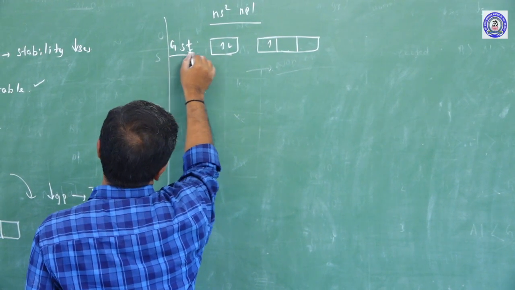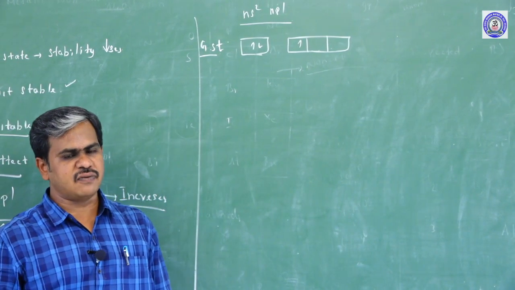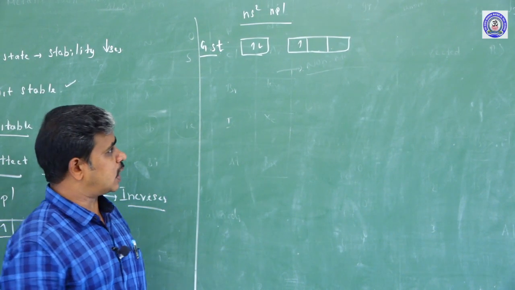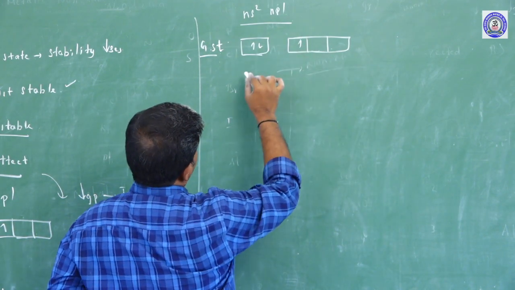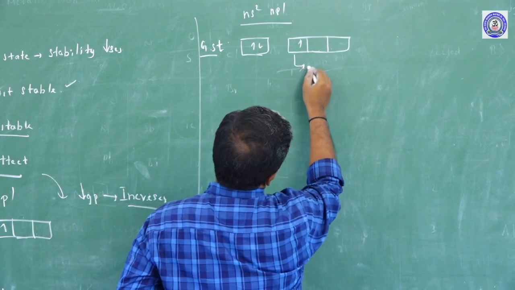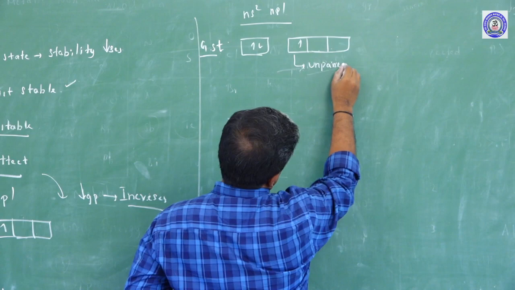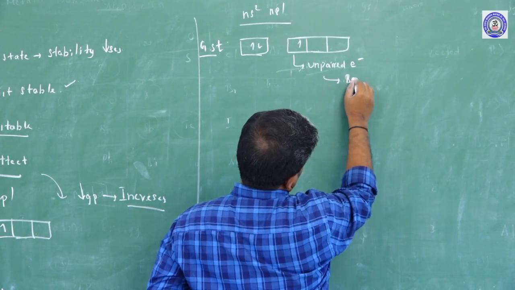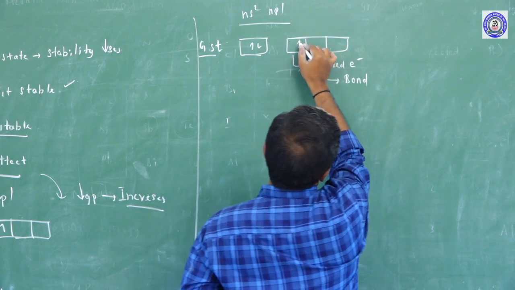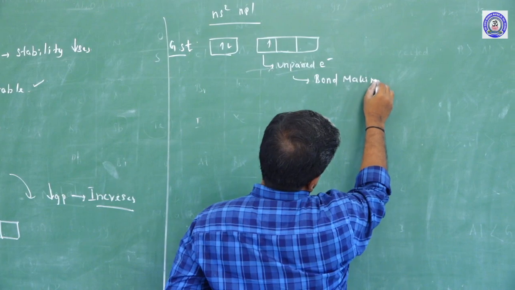This is the ns2 np1 electronic configuration of the 13th group elements. In the ground state it has only one unpaired electron, and only the unpaired electron is involved in bond making.